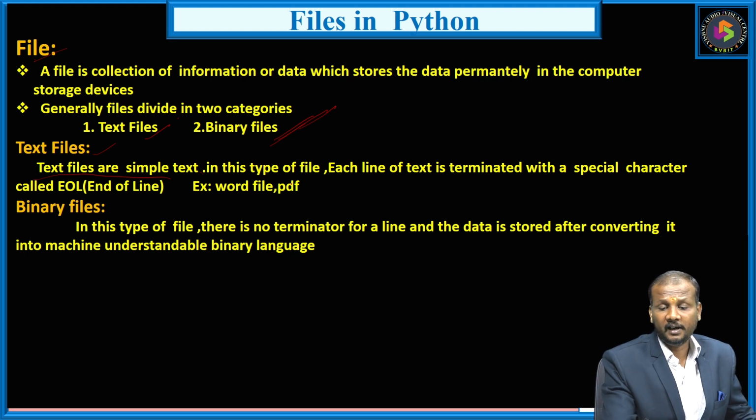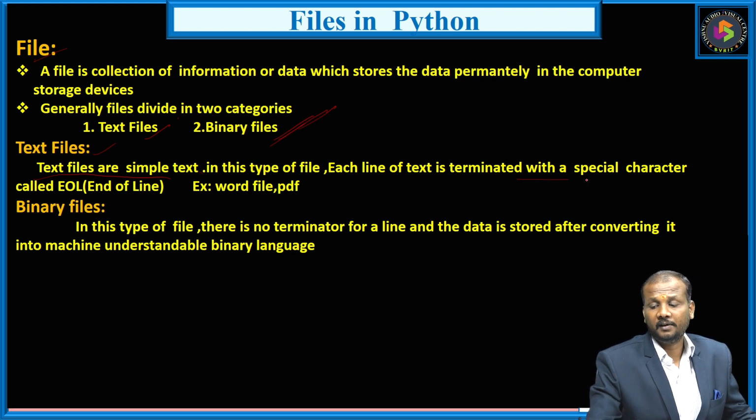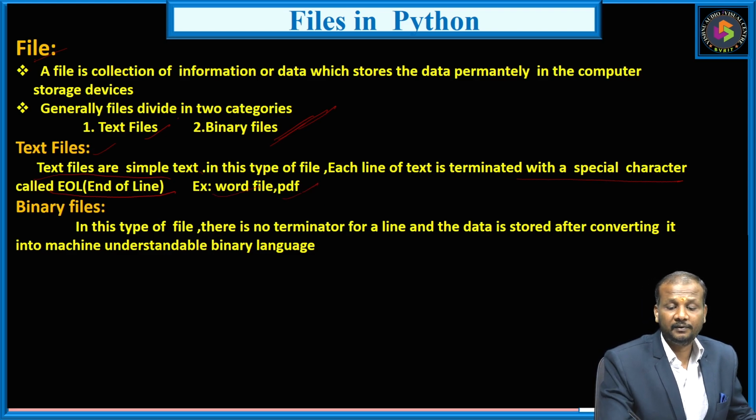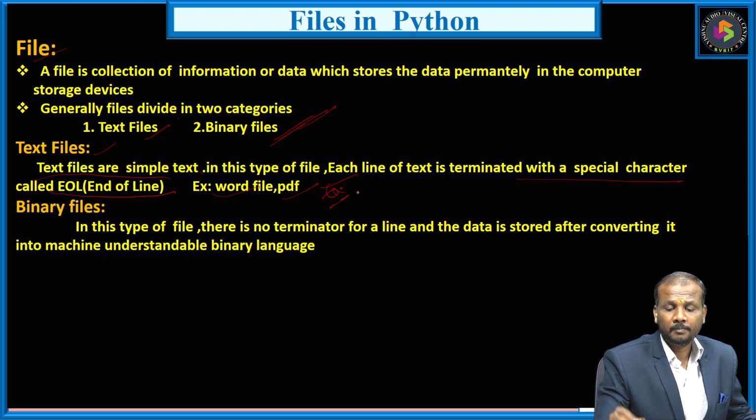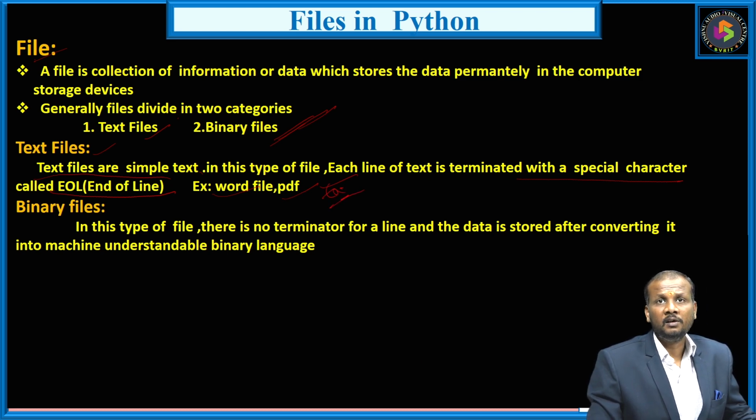In this type of file, each line of text is terminated with a special character called EOL, which means end of line. Examples of text files are Word files, PDF, PPT. These are understandable everywhere. They are human understandable files, called text files.